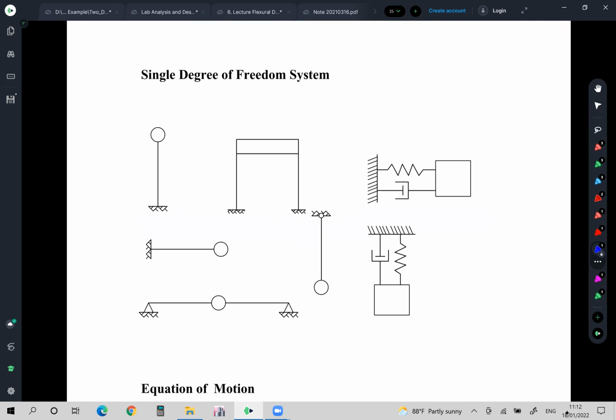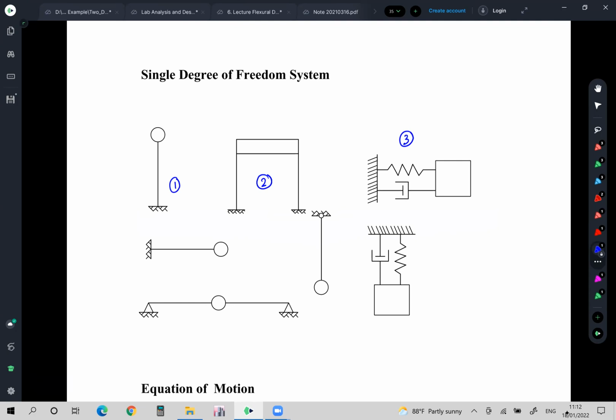The single degree of freedom system can have many types, right? Like the ones I show you in these figures. But in many textbooks, I do believe for the building, you have choice number 1. You can often see number 2, and you quite often see number 3.